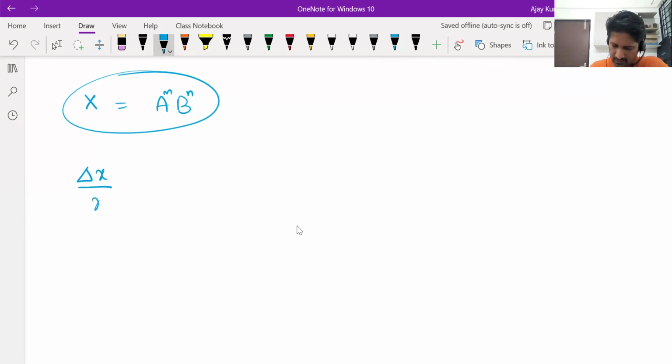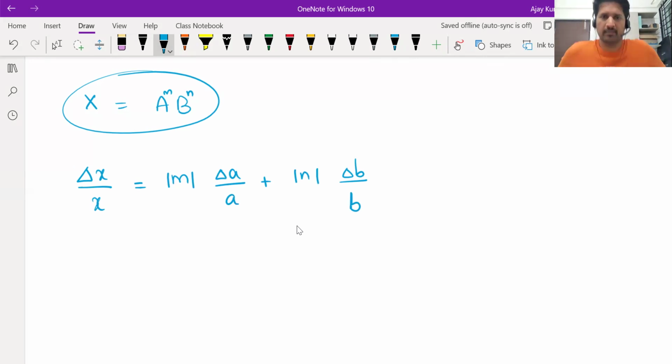Relative error in X, that is the absolute error in X divided by its actual value, is equal to M times relative error in A plus N times relative error in B. And I told you M and N could be positive or negative numbers, but in errors, you will never do subtraction. So it's better to take modulus. So irrespective of whether there is multiplication or division happening, errors will always get added.